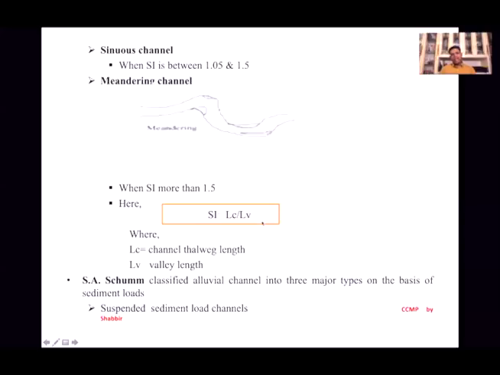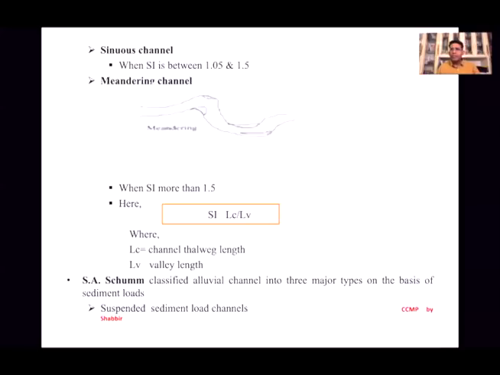Now, once you understand this, after that it is very easy. There are 3 values you must remember. SI less than 1.05. Should I repeat what is Sinuosity Index? Take out your textbook, please, all of you. Page number 406. Are you all with me? Page 406, second column.